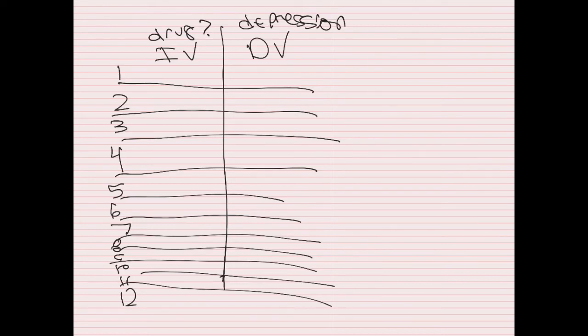Right? So here, participant 1 scored a 55. The next one, 54, 43, 56, 42, and 50. And then in a completely different group, it's still part of that sample.